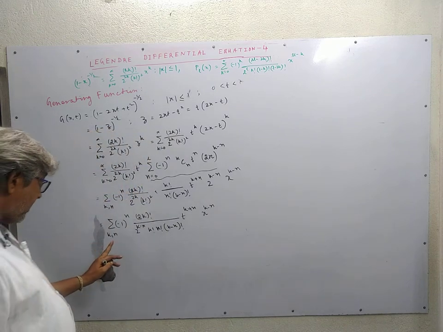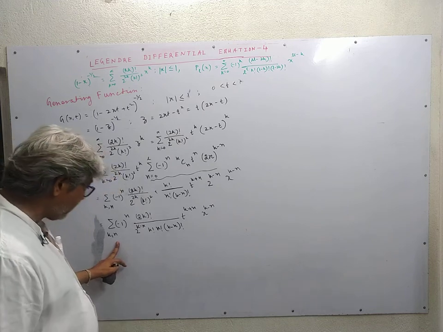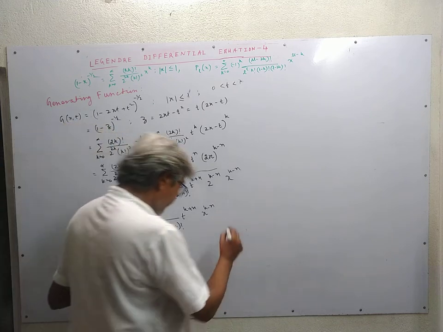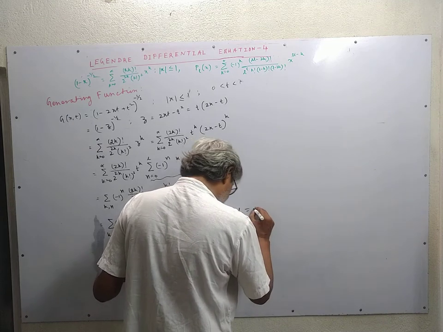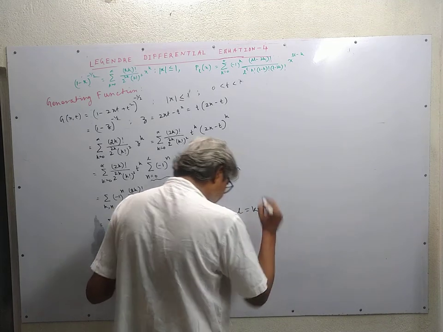The n sum remains, we do not do anything with the n sum, rather we introduce a quantity L, which is k minus n.